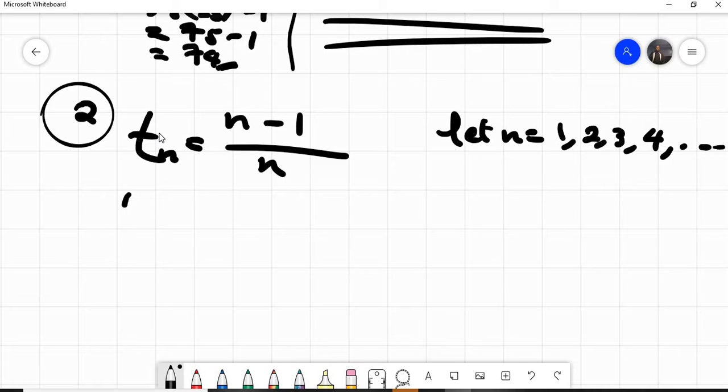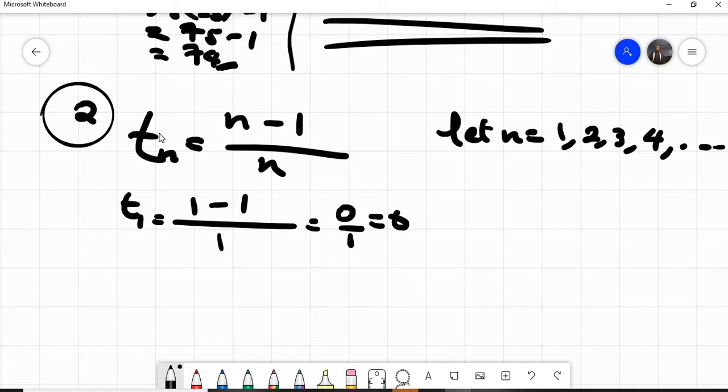So we do T1, which is 1 minus 1 over 1, which is 0 over 1, that is 0. So T1 is 0. So we do T2.